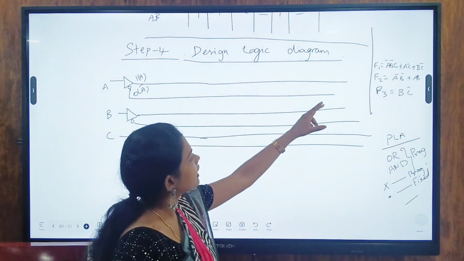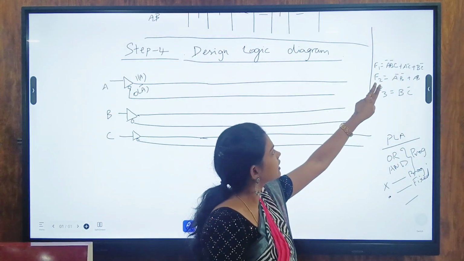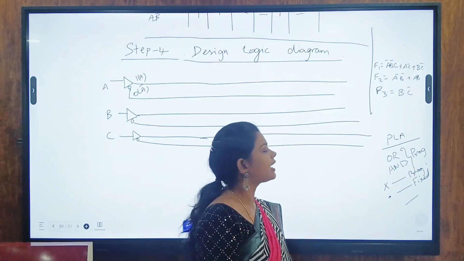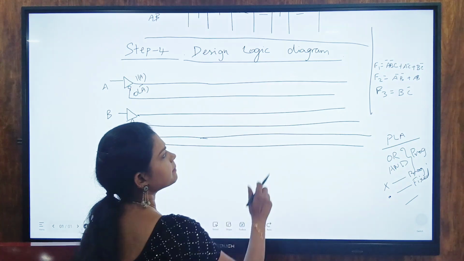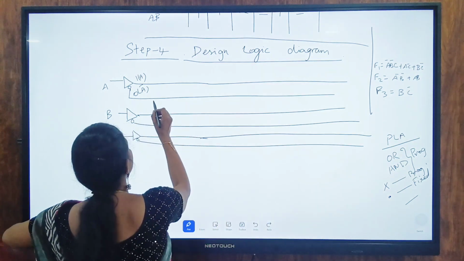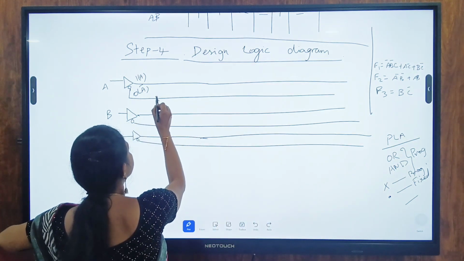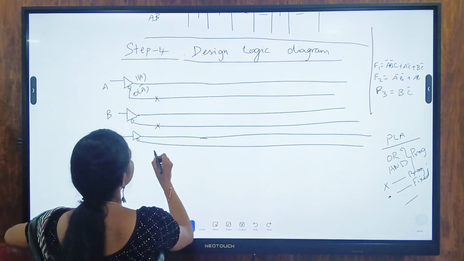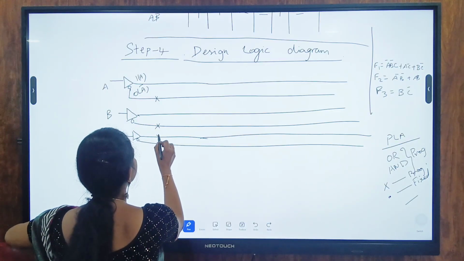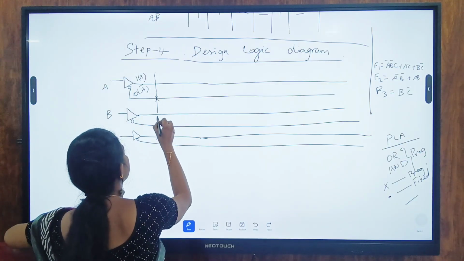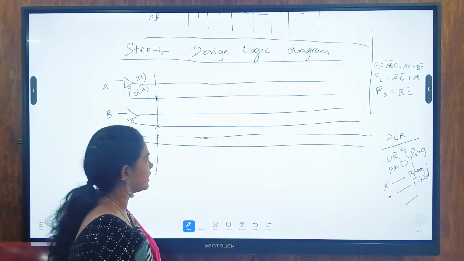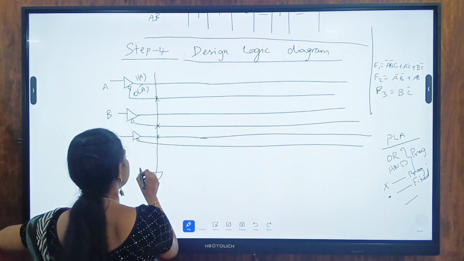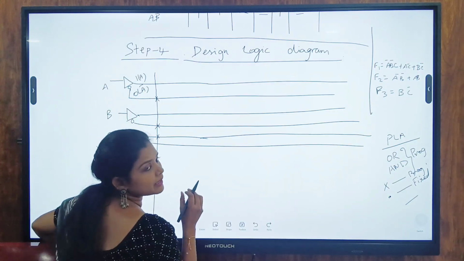Now F1. What are the product terms? A bar, B bar, C and A, C bar and B, C bar. First is A bar, B bar, C. Here it is A bar, then B bar, then C. This is the AND gate array. In parallel I mention the product term for the respective AND gate.